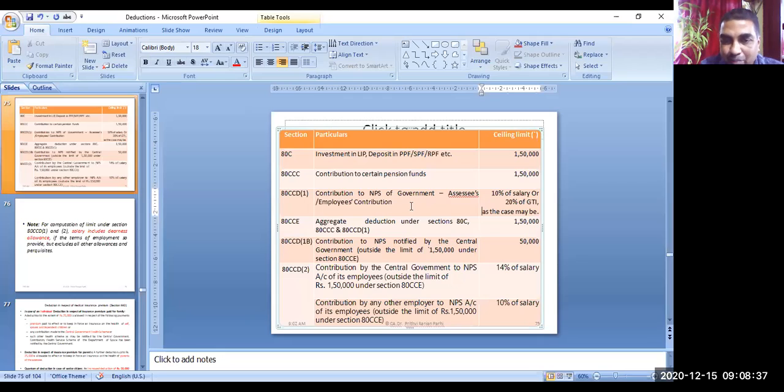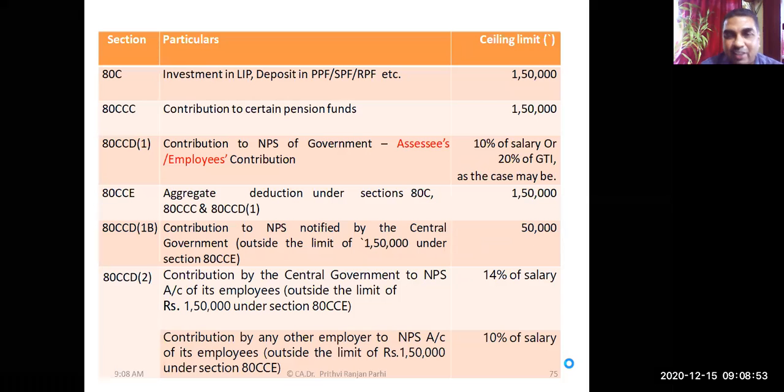This is talking about the employee's contribution. Okay, did you understand? The salary means just the basic and DA. I was going to tell you that salary includes DA, but it doesn't include other allowances.